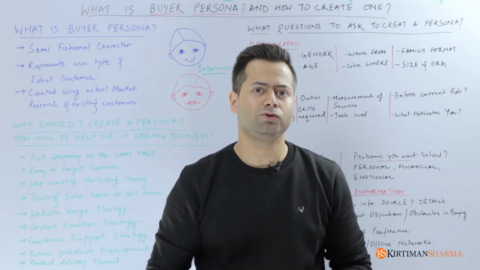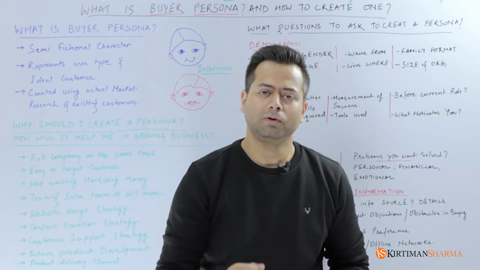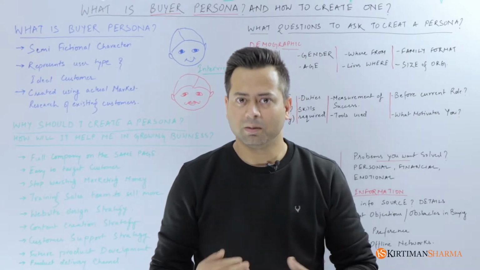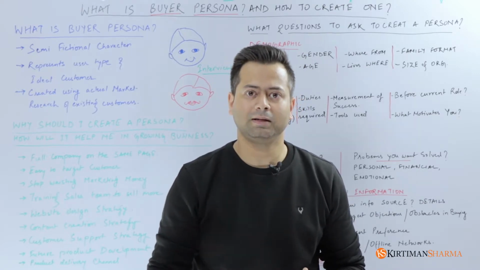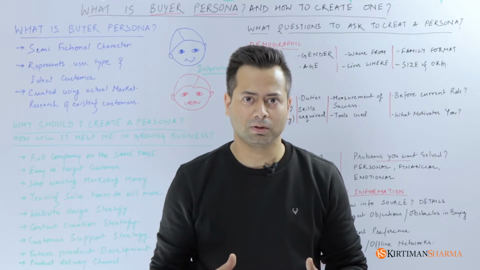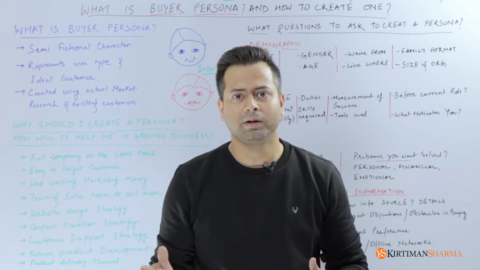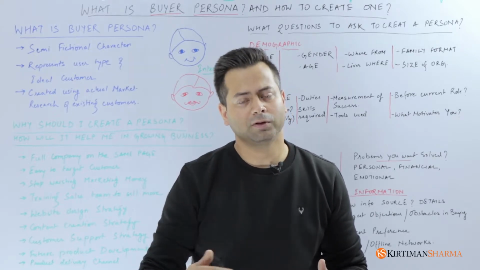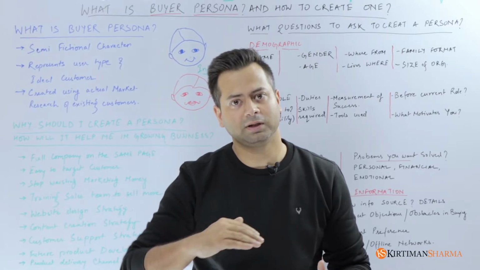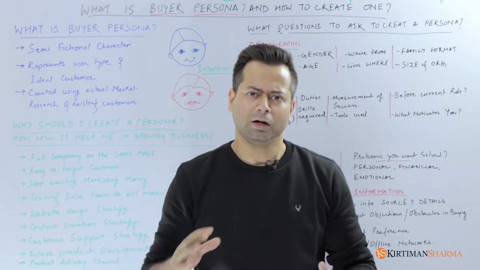And how many interviews should you take? The number of interviews is variable, but how to understand that you have arrived at a good persona? See, number one point is, a persona would never be perfect. You will keep on adding a little bit, tweaking a little bit.